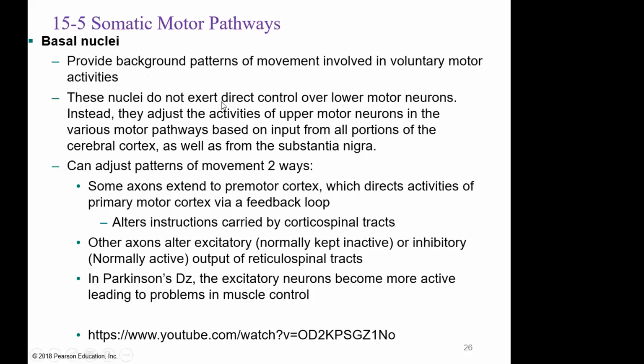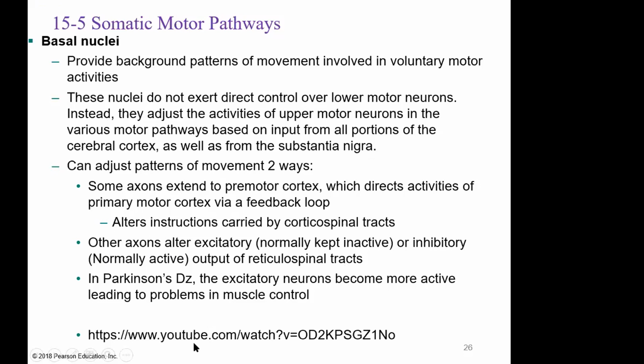You see here, they do not exert direct control over the LMN. Instead, they adjust activities of the UMN in various pathways. And they can do this in two ways. Some axons will go to the premotor cortex, and other axons will affect the reticulospinal tracts.